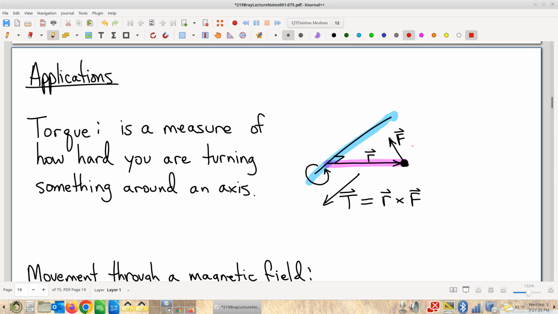So here's the direction of the force that you're going to apply to that arm attached to that axle. How hard are you twisting? What is the torque? Well, it turns out that the torque there is computed by R cross F. In particular, it's a cross product.